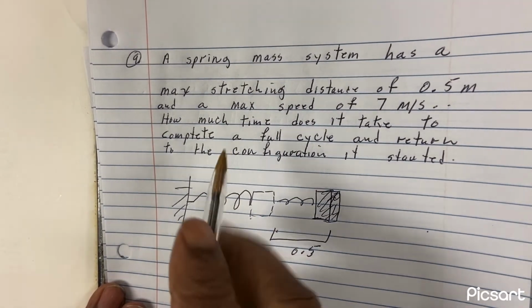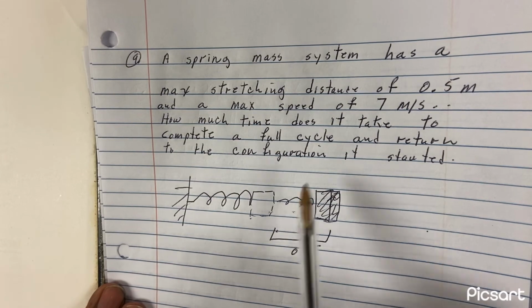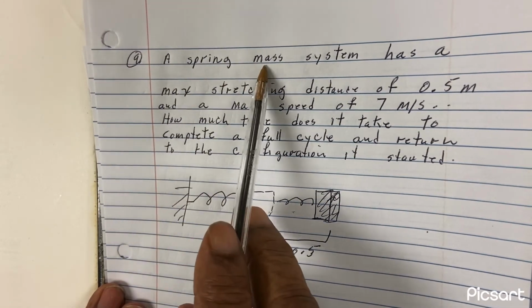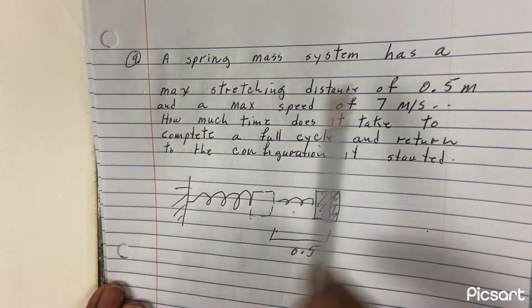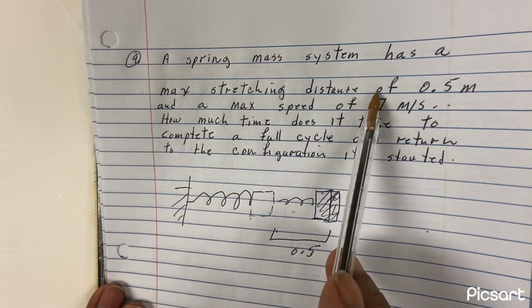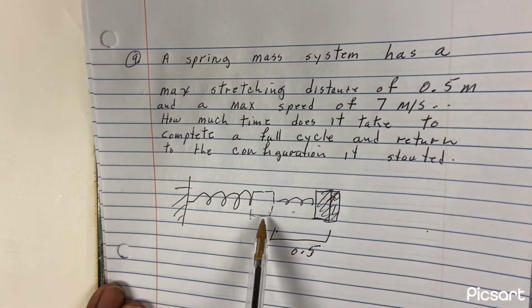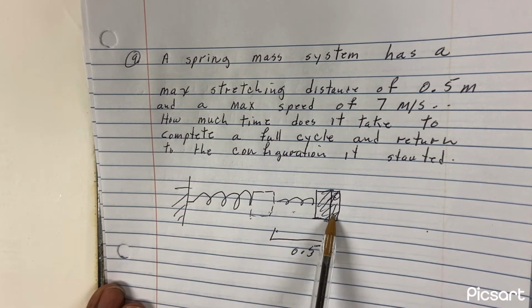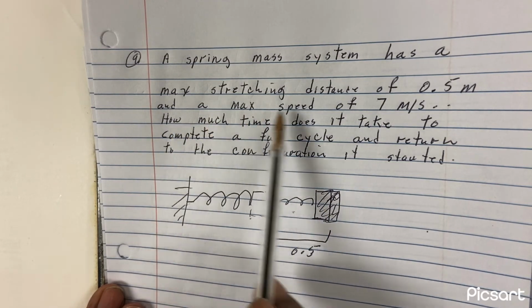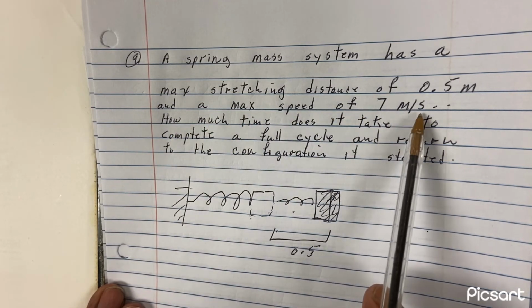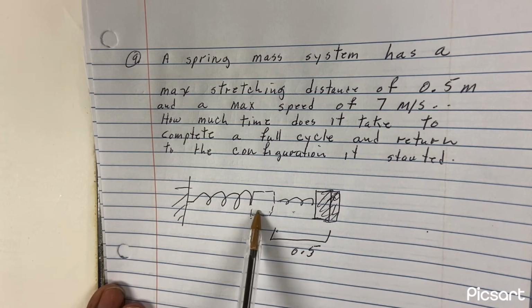All right, continue with the review. We have a spring mass system that has a max stretching distance of 0.5 meters from its rest, and a max speed of 7 meters per second. So when it comes back here, from here to here, it's going to be at 7 meters per second.